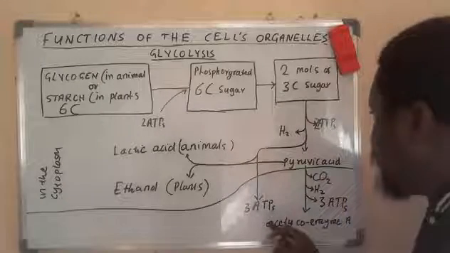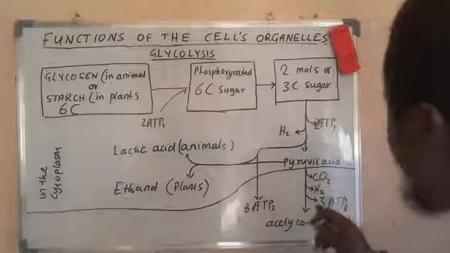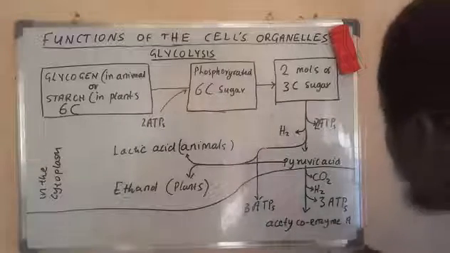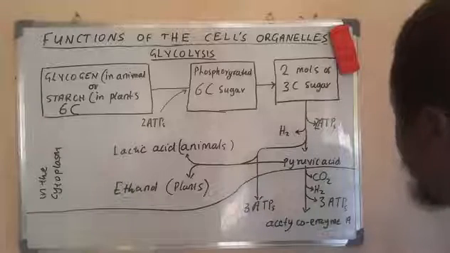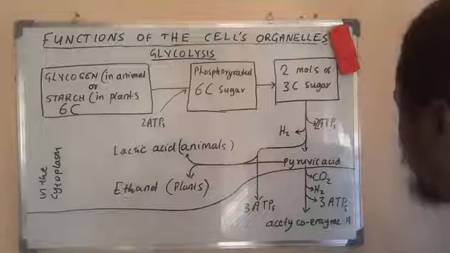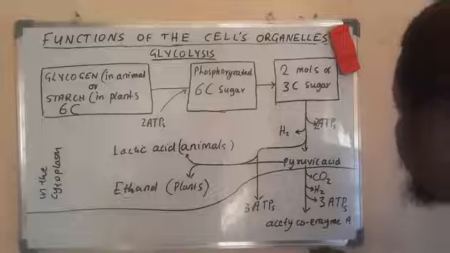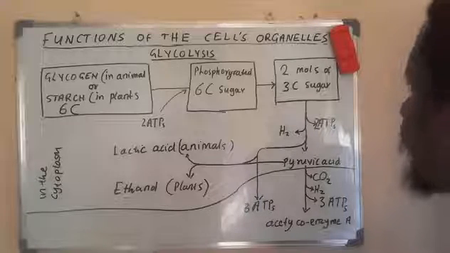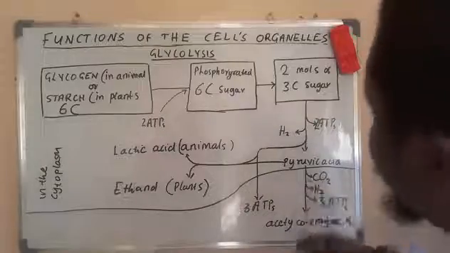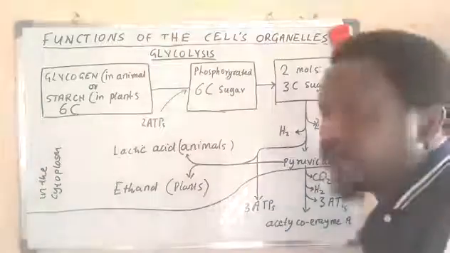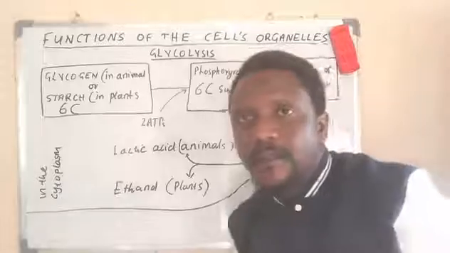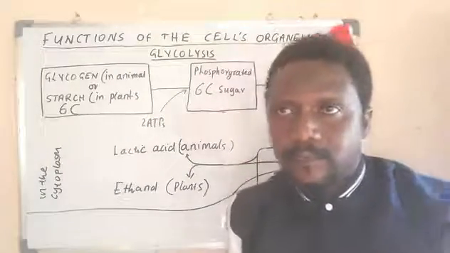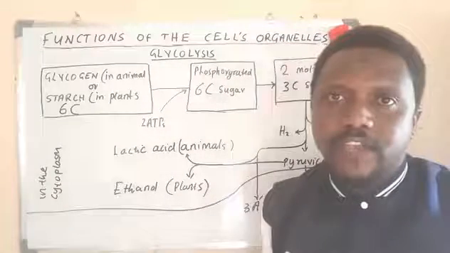But it's very important for you to understand that this acetyl coenzyme A undergoes a metabolic process which is called the Krebs cycle, and it also generates energy in the mitochondria. And this is what we are going to see in the next video, that is, the Krebs cycle will be analyzed in the next video.